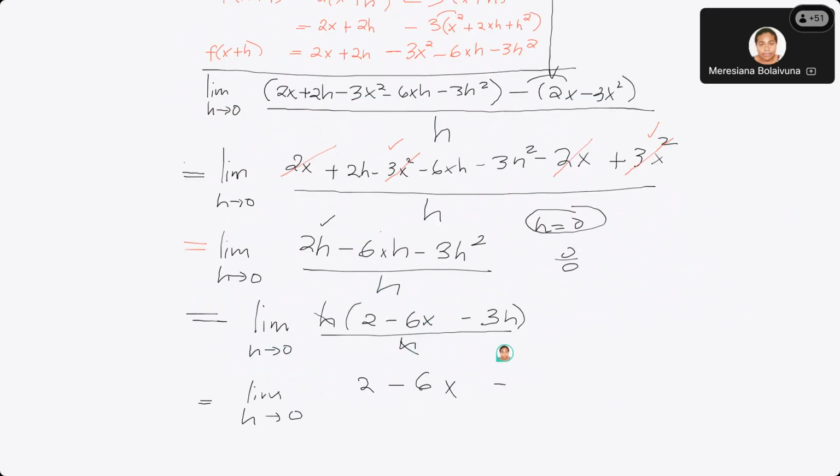So your final answer is f dash of x is equal to 2 minus 6x minus 3h. So when you substitute h is equal to 0, the last term becomes 0. So that means f dash of x is equal to 2 minus 6x.